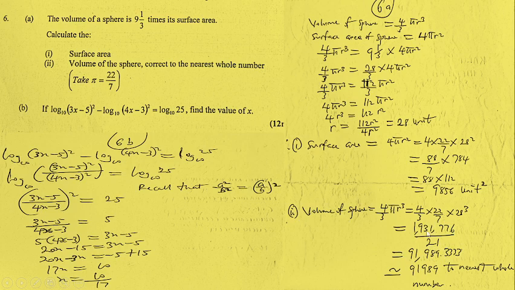If you divide that, you'll be having 91,889.3333. And the question asks us to approximate it to the nearest whole number. If you do that, that will give us 91,899 to the nearest whole number as the volume of the sphere.